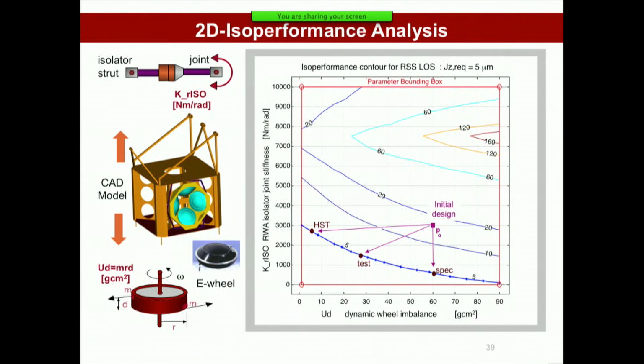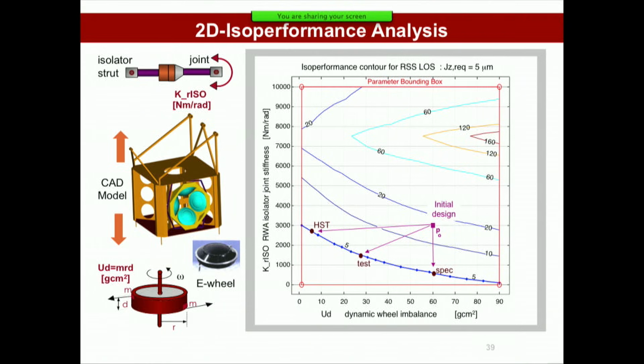Let me explain this just using 2 parameters, okay? And this was a big deal on the Hubble Space Telescope. So the 2 parameters I'm going to use are KR ISO and UD, the dynamic wheel imbalance. These spacecraft have reaction wheels that are turning to point the spacecraft and counteract any momentum that you get from, for example, solar pressure.